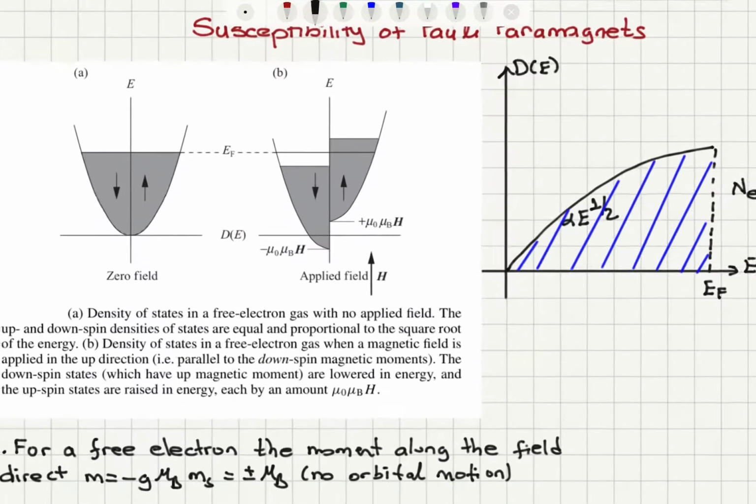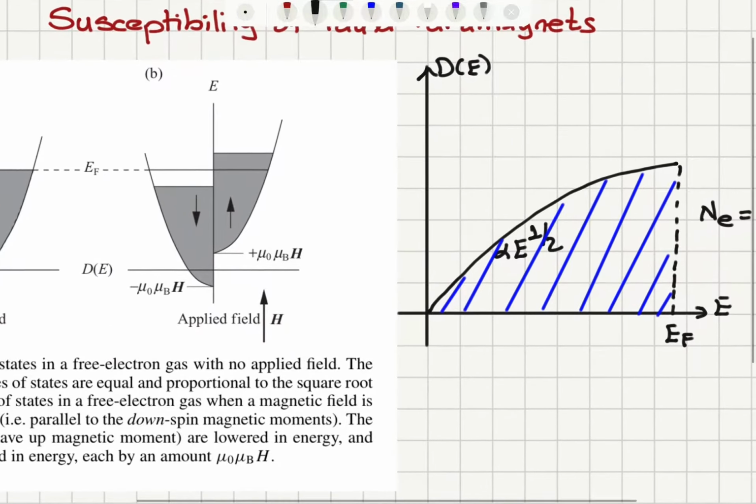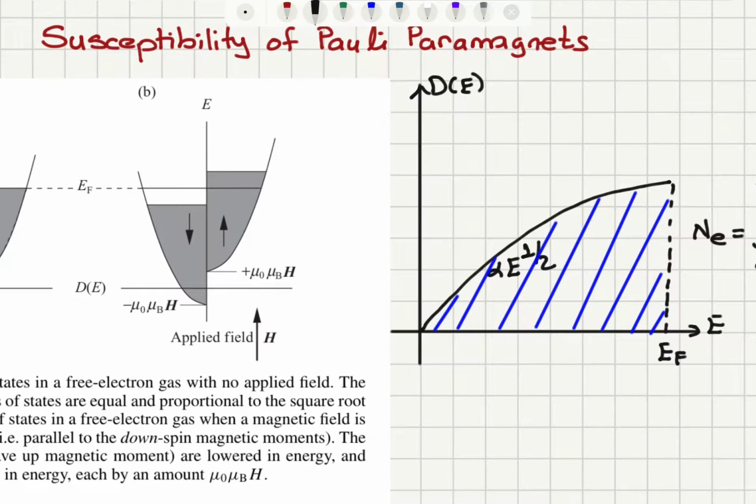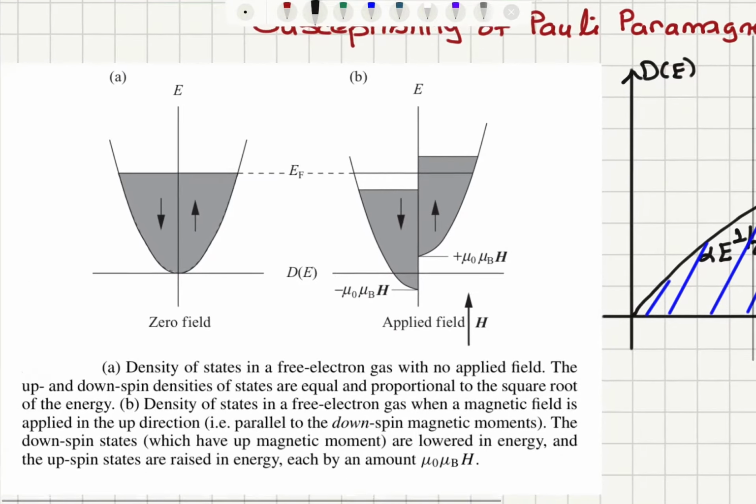So as you can see here, if you plot density of states versus energy, it's proportional to E to the 1/2. If you put the energy on the y-axis and density of states on the x-axis, then you can see that energy is proportional to density of states squared, which means you have a parabolic relationship.